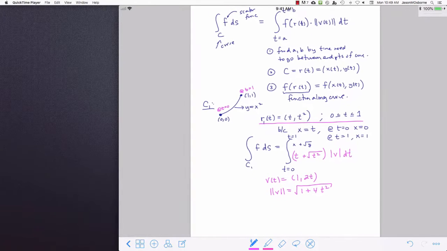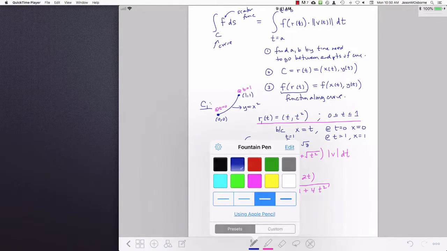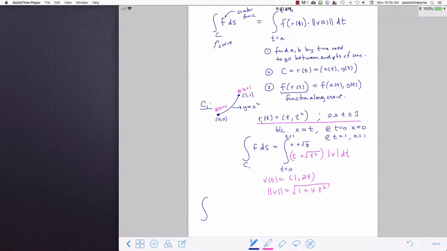So if we were going to do the integral along the first part of the curve of this function, integrating with respect to arc length, we will get the integral from 0 to 1 of t plus t square root 1 plus 4t squared, integrated with respect to t.